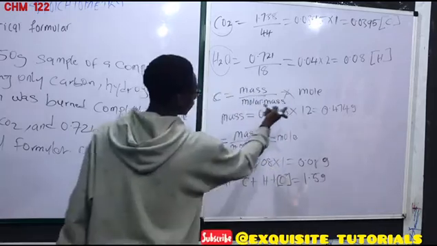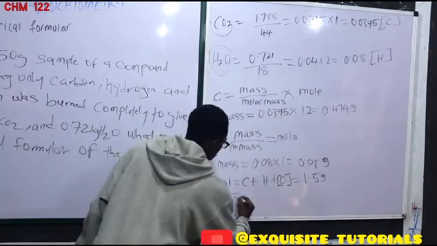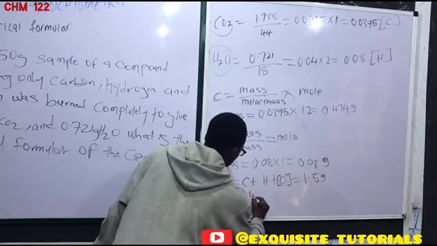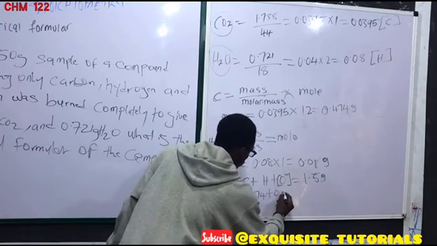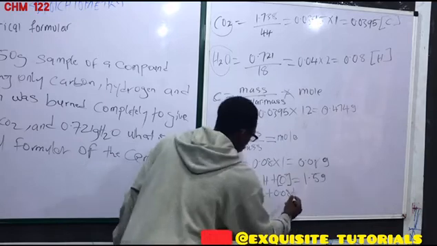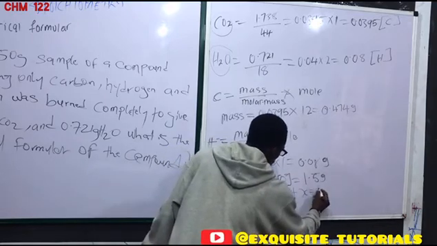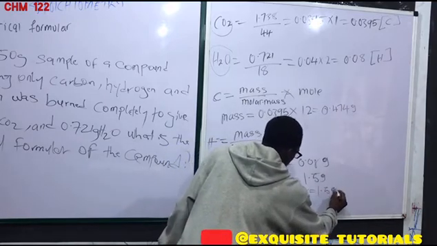Now we already have the mass of carbon as 0.474 plus hydrogen 0.08 plus oxygen, let me call it X, it will be equal to 1.5 gram.